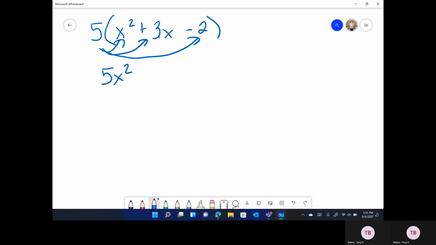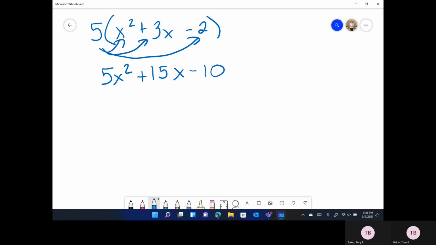Next one's 5 times 3, and that's 15x. And then 5 times the negative 2 would be negative 10. Now, I can't simplify that at all because the x squared and the x are not like terms. So those can't go together.